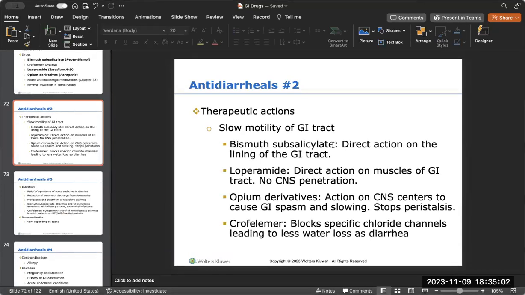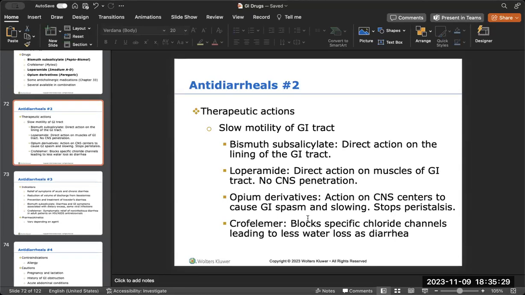We have Pepto-Bismol, or bismuth subsalicylate, and they actually work on the lining of the GI tract. We have loperamide, which works more on the muscles of the GI tract, and this one has no CNS penetration, really good. Opioid derivatives, like the paregoric, act on the CNS receptors and cause GI spasms and slowing, so they help stop peristalsis.